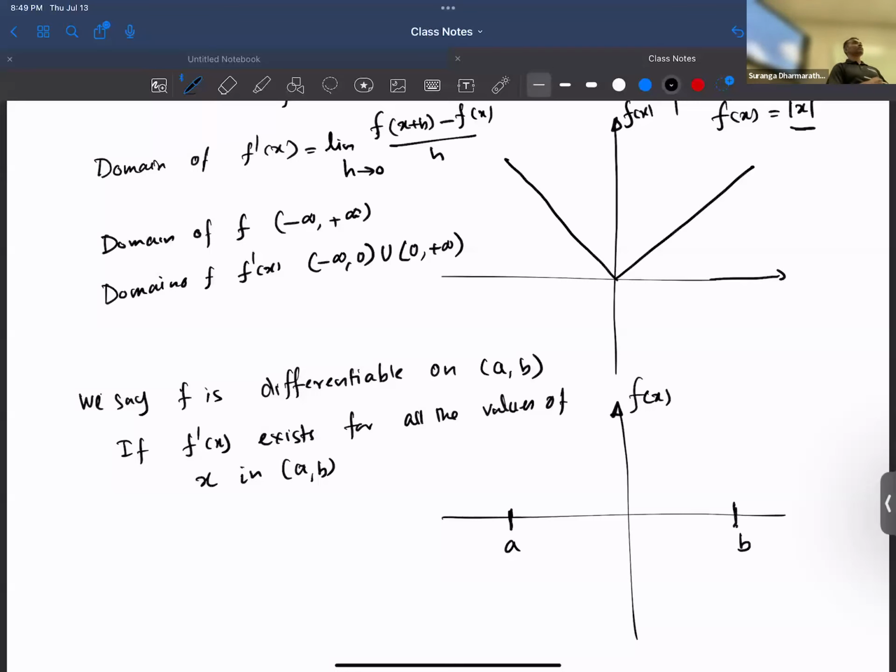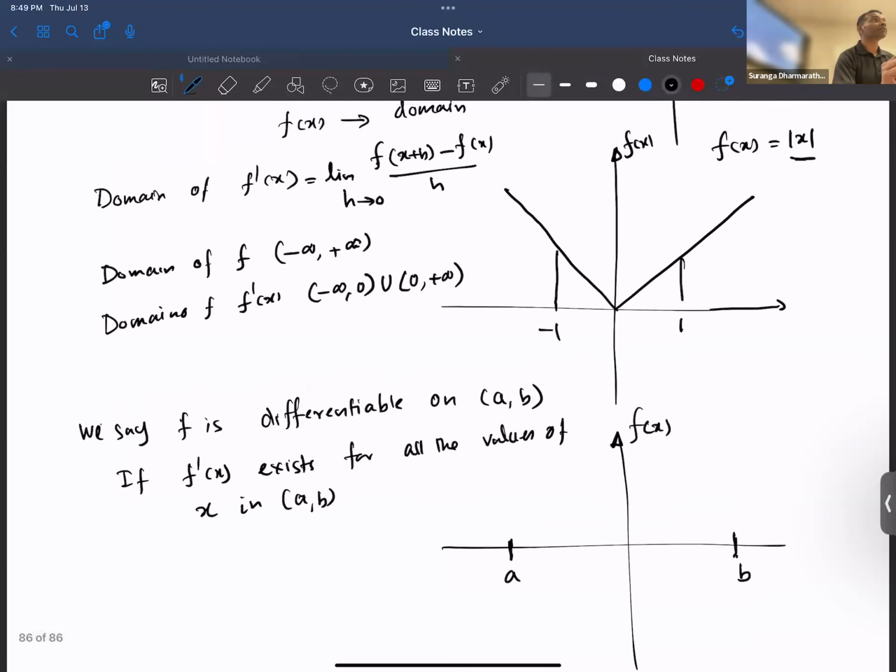Now, is f of x equal to the magnitude of x differentiable between -1 and +1? No. Why? At x equals 0, it is not differentiable.